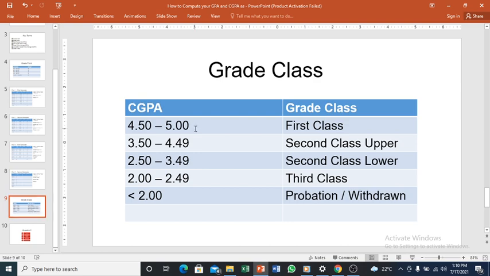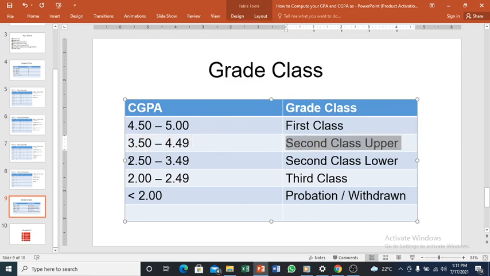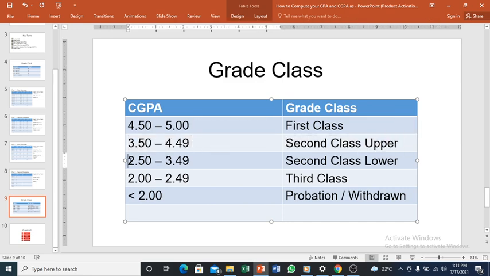So if you finish between 4.5 and 5.0, that's a first class. If you finish between 3.5 and 4.49, that's a second class upper. Between 2.5 and 3.49, that's a second class lower. Between 2.0 and 2.49, that's a third class.